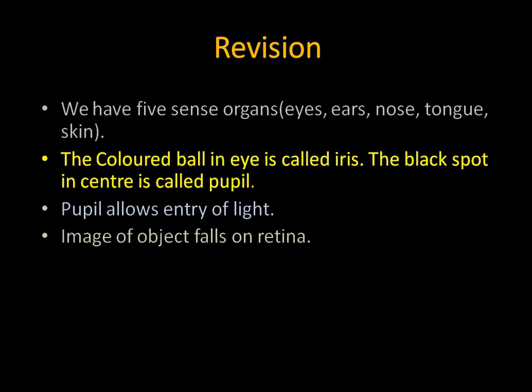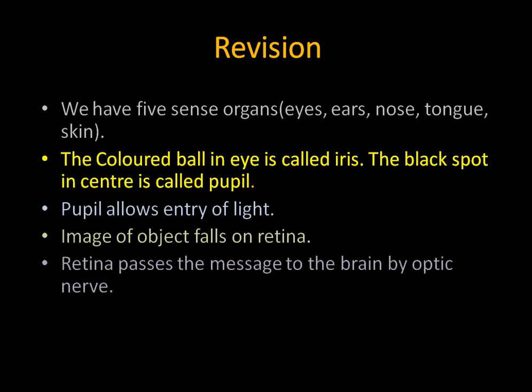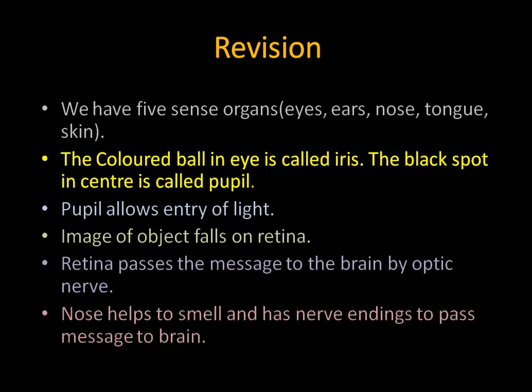The image of the object we see falls on the retina. The retina passes the message to the brain by the optic nerve. We also learned that the nose helps us to smell and has nerve endings to pass the message to the brain.